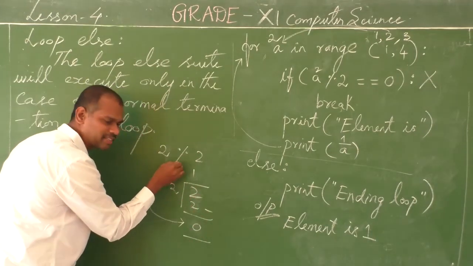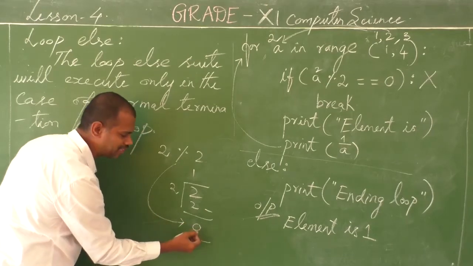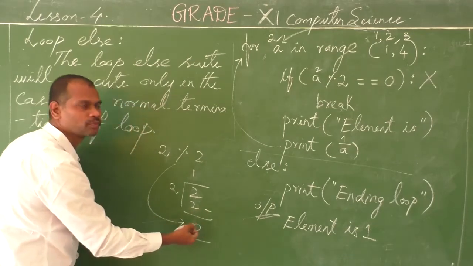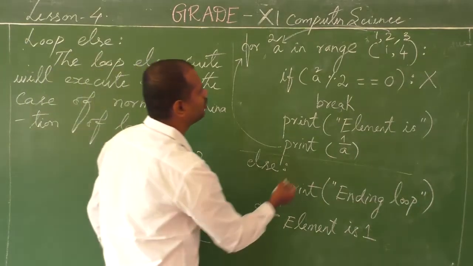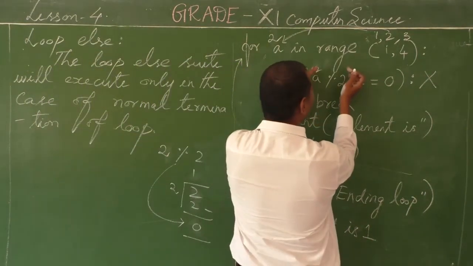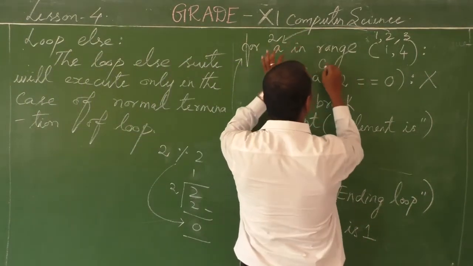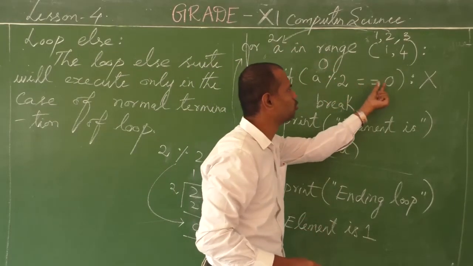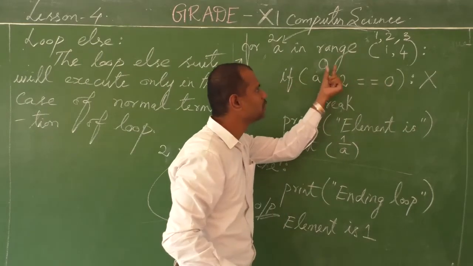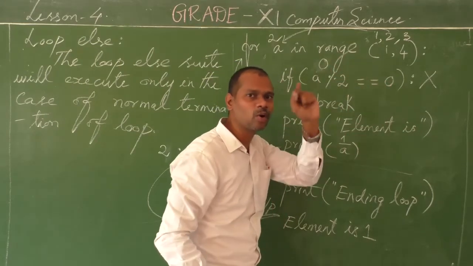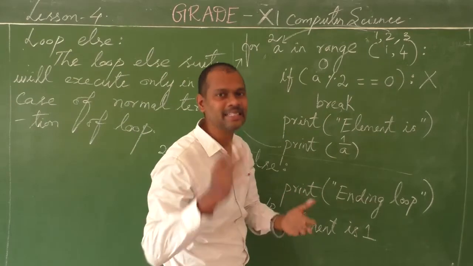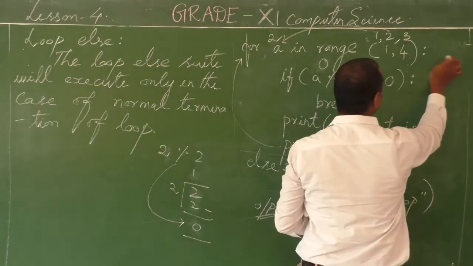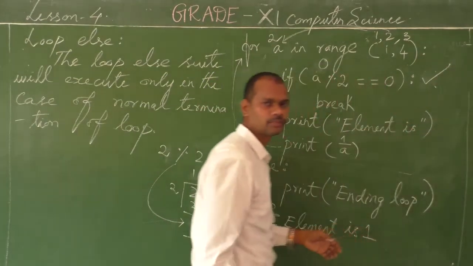So modulus gives the remainder. It is nothing but 0. So this value is 0. 0 equal to 0, question mark. Is it equal? Yes. Now this condition is true.